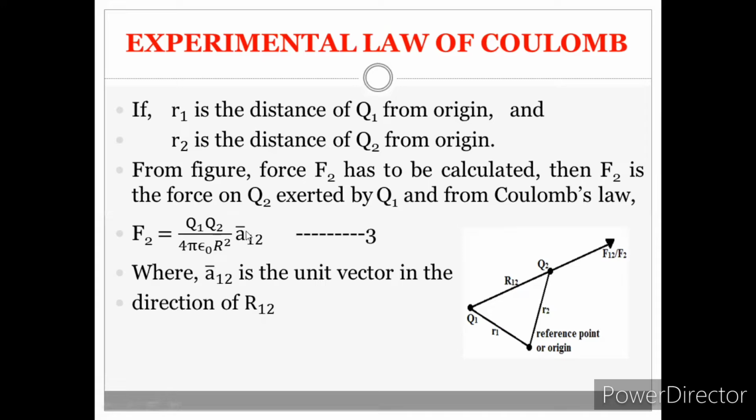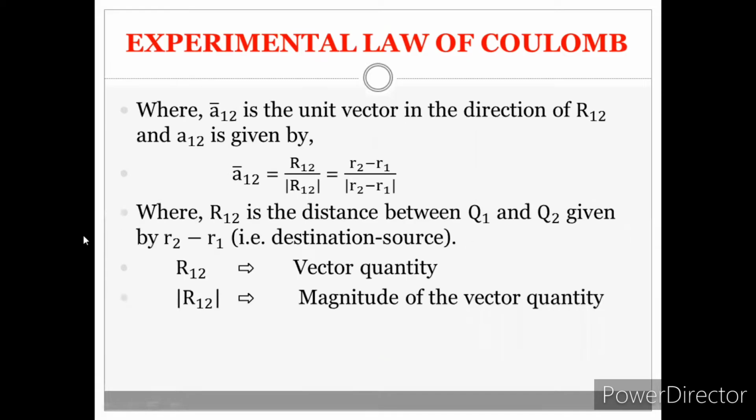We are just adding the vector notation called A12 with an arrow mark. It's a unit vector representation here. So A12 is the unit vector in the direction of R12. So this is the experimental way of representing Coulomb's law with the help of vector form, where A12 is the unit vector in the direction of R12, and it is given by the definition of R12 divided by the modulus of R12.